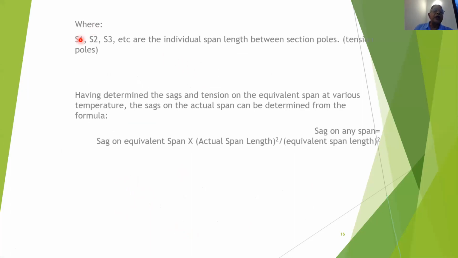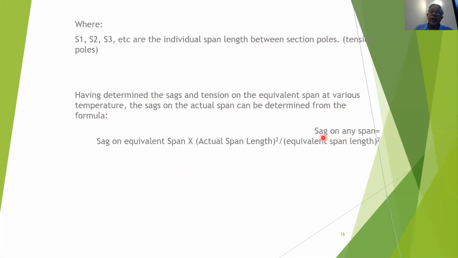Where S1, S2, S3 are individual spans between section poles, that is tension poles, having determined the sags and tensions on the equivalent span at various temperatures, the sags on the actual span can be determined from the formula.